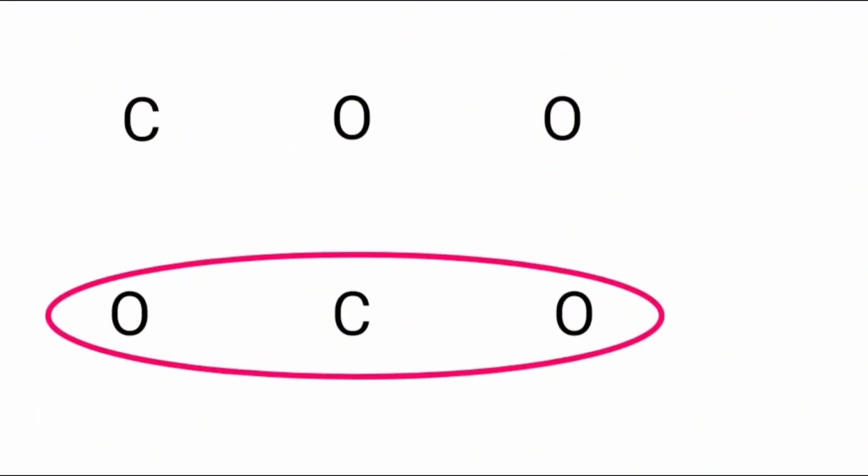In this case, we imagine that the atom which can create more bondings will be in the middle. It's just a hint, like a life hack to do it. Carbon will create 4 bondings, oxygen will create only 2 bondings, so carbon will create more bonding than oxygen. Let's put it in the middle. So this structure is correct.